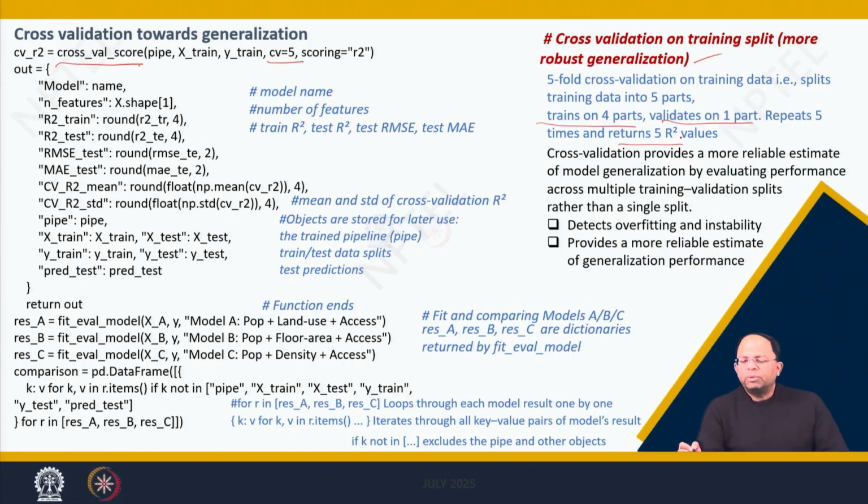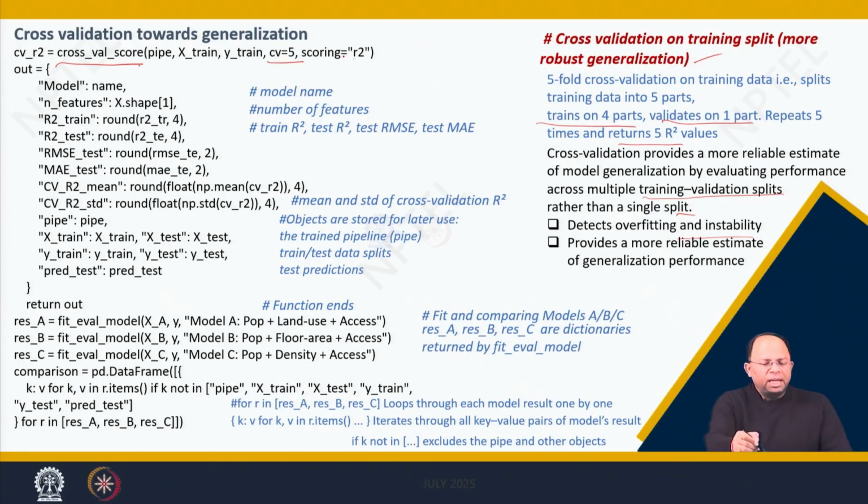So cross validation provides a more reliable estimate of model generalization, because we are building the model multiple times with different combinations of data, evaluating performance across multiple training validation splits rather than a single split. So it detects overfitting and instability and provides a more reliable estimate of generalization performance.